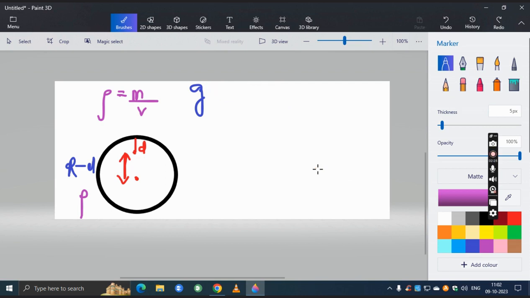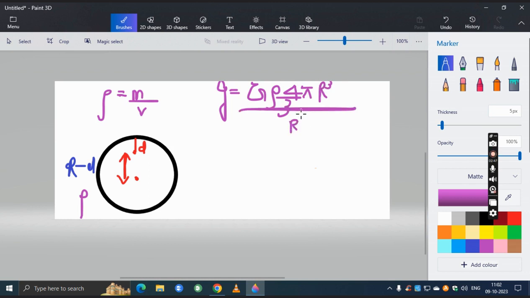Right? So now let us just plug that in. g is equal to, well, this is g at the surface, that is equal to G, and the mass of the whole Earth is rho times 4 by 3 pi r cube, not r minus d, because we're talking about the surface, right? Divided by r square. So it's going to become G rho 4 by 3 pi r.